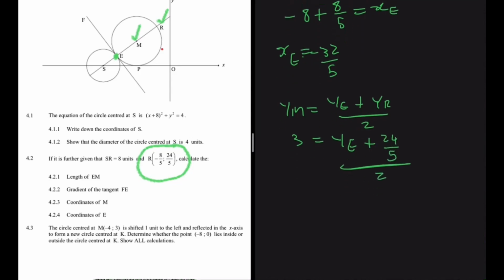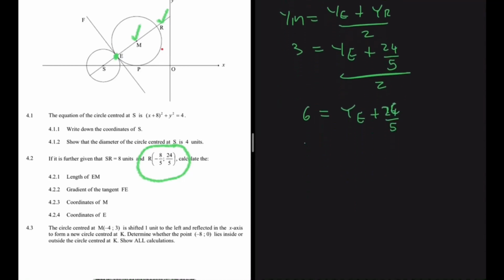And then now we can cross multiply. You get 6 is equal to y of E plus 24 divided by 5, right? So we have 6 minus 24 divided by 5 is equal to y of E, right?